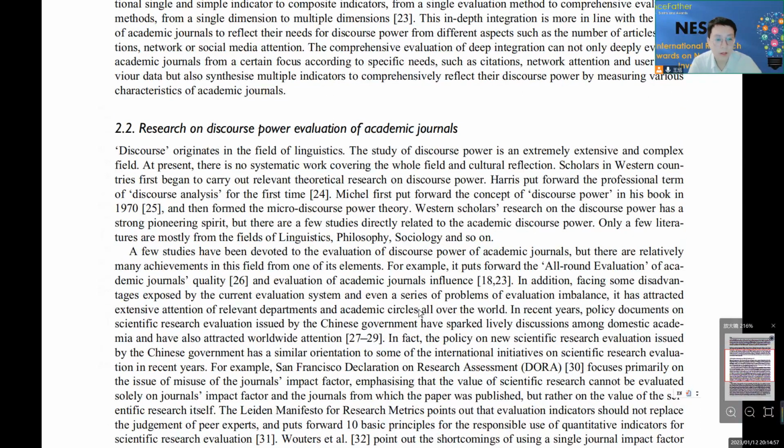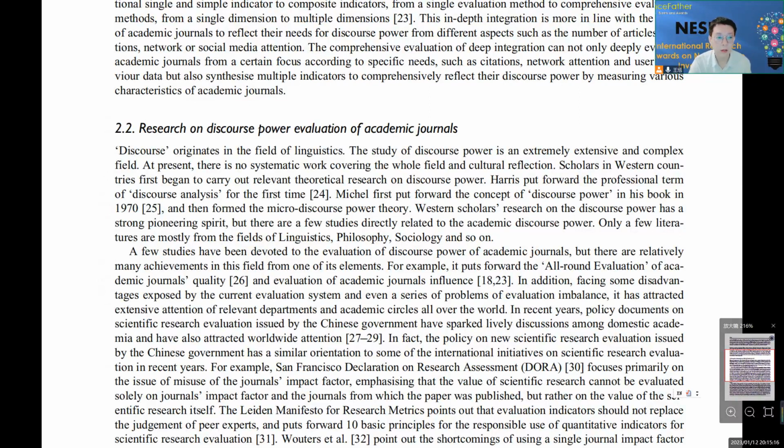Discourse originates in the field of linguistics. The study of discourse power is an extremely extensive and complex field. At present, there is no systematic work covering the whole field and cultural reflection.